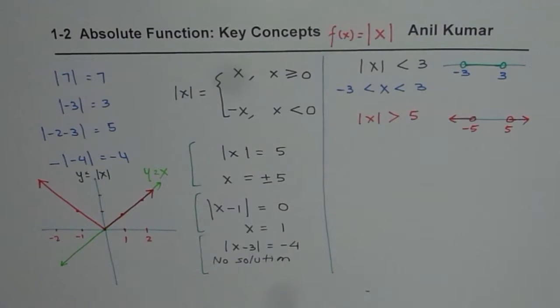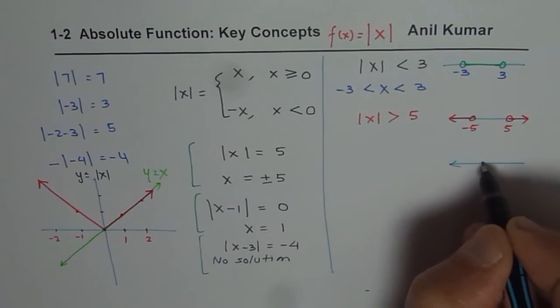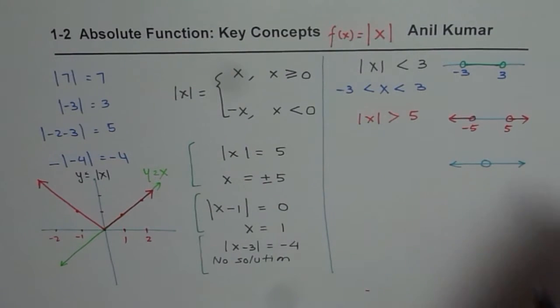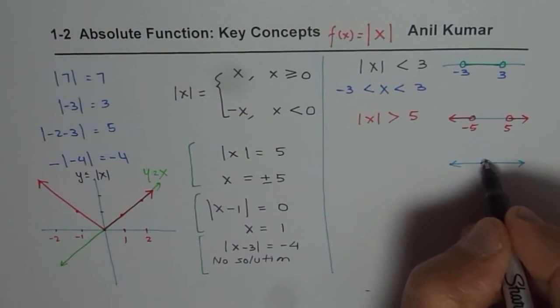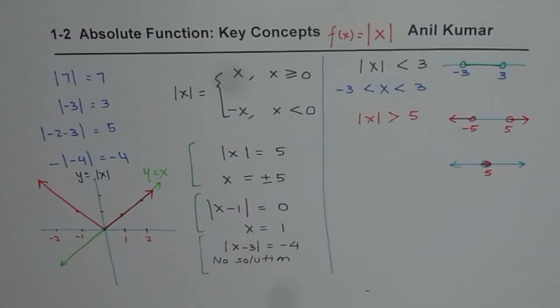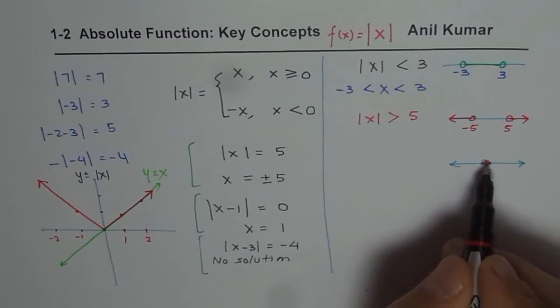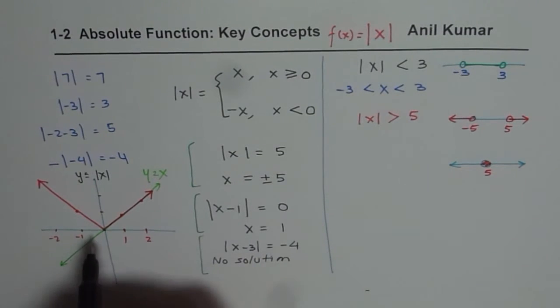You could also have an inequality where the solution could be, let us say, just 1 point. That is, the solution is what value of absolute function will give us 5 as the answer. Just 1 point. Now this at times is a very, very tricky question, right? So since we need only 1 point, we are looking for the vertex.